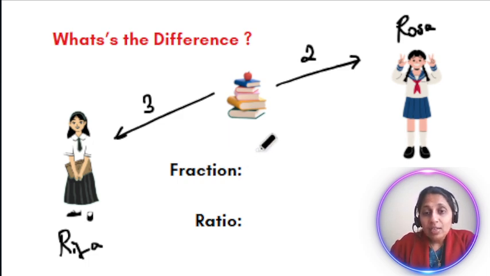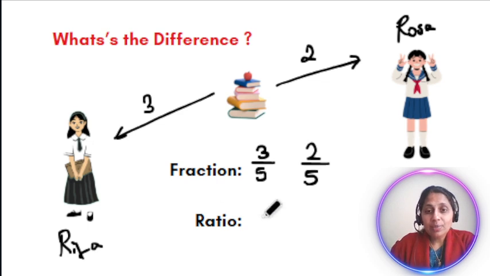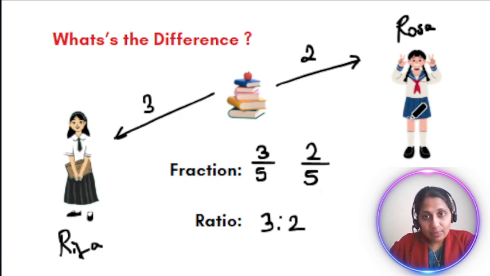We say that Ria gets 3 books out of a total of 5 books, whereas Rose gets 2 books out of a total of 5 books. But how do we compare this in a ratio? We compare the books given to Ria and Rose. We simply say 3:2, which means Ria gets 3 books and Rose gets 2 books.